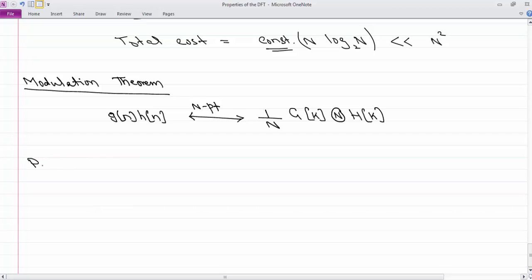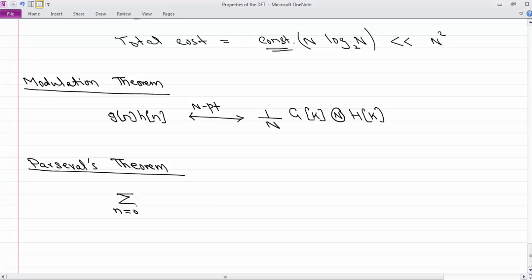And the final theorem, Parseval's theorem, is that energy in one domain is proportional to the energy in the other domain. It's like the law of conservation of energy principle.